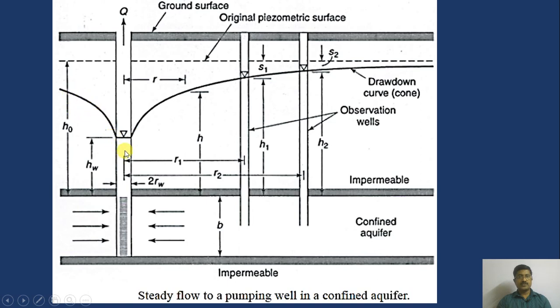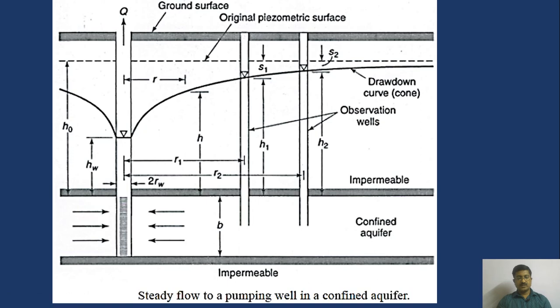This is a drawdown curve and various terminologies are associated with it. The height h1 is with observation well number 1, the height h2 is in case of observation well number 2. Then this is the original water table or original piezometric surface. Above that you can find the ground surface.